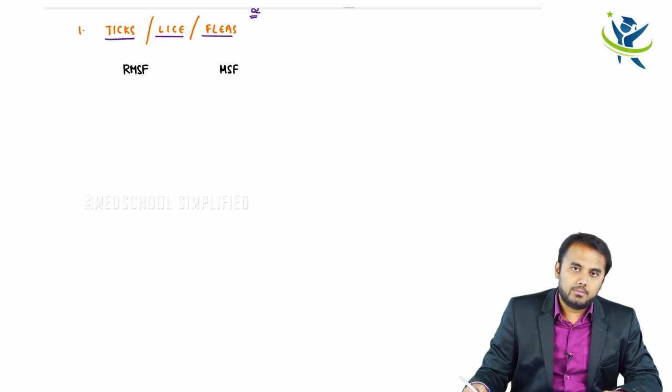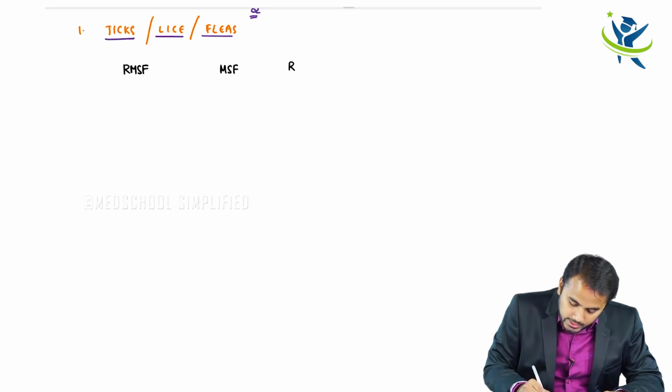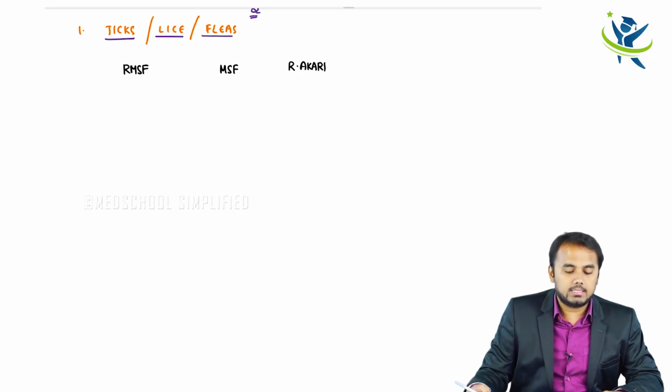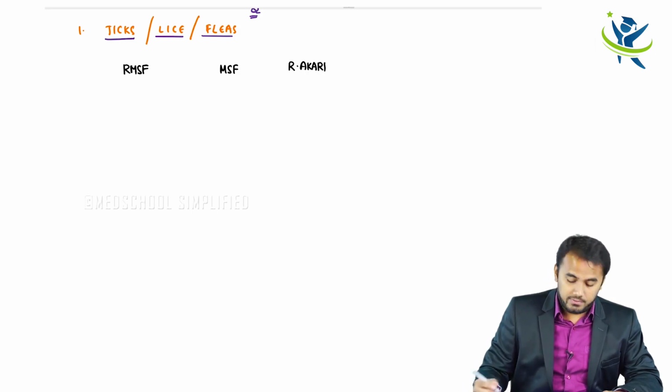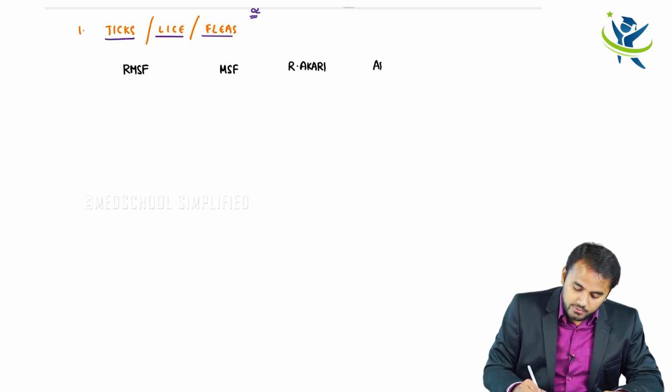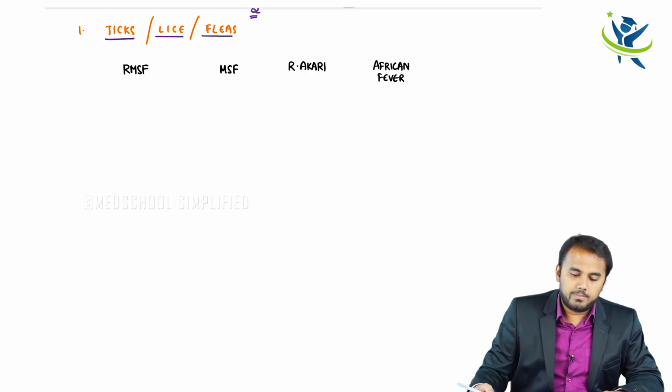The third one is Rickettsia akari, which we discussed. And obviously African fever is caused by Rickettsia africae, that is African tick bite fever. I'm simply writing it as African fever, okay?